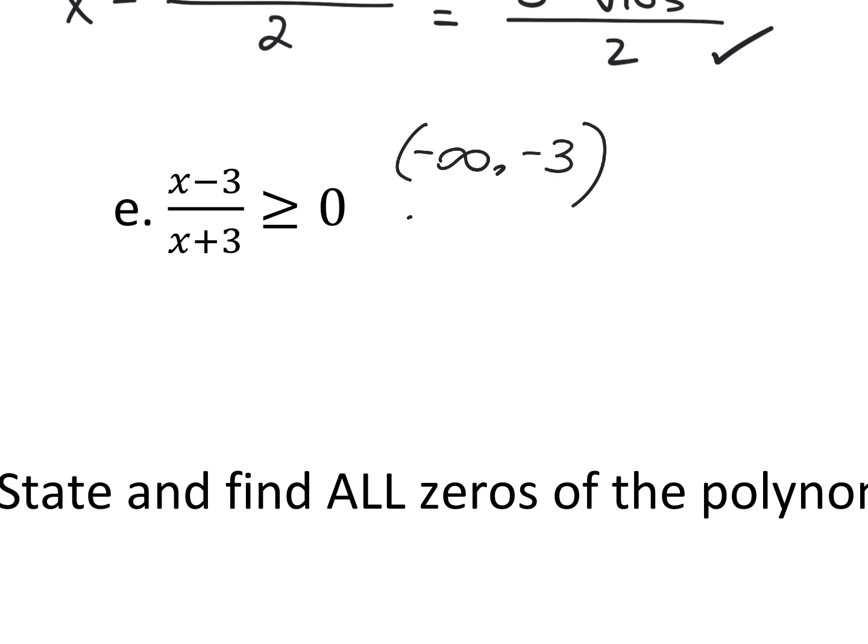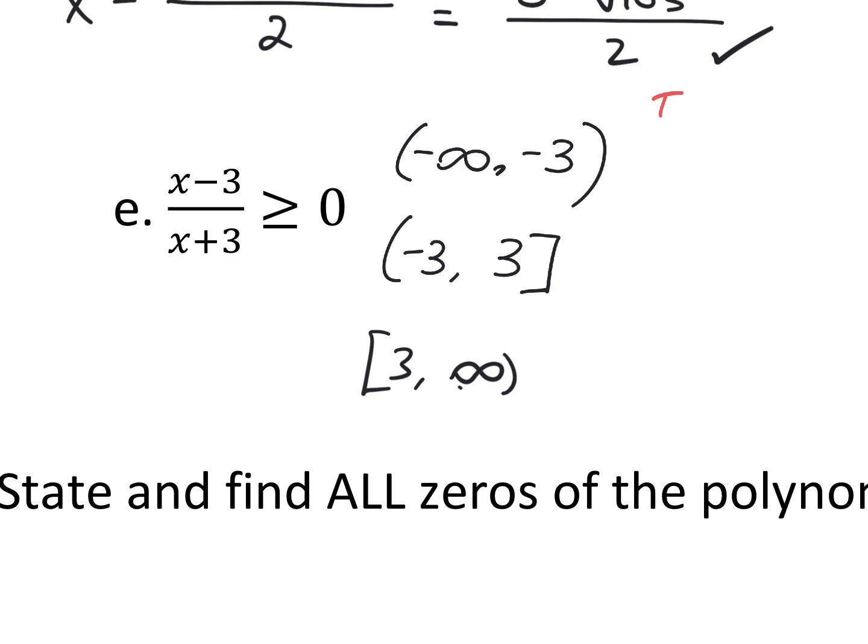So my next interval is going to start at -3, and then it's going to end at +3. But that endpoint, I'm going to include. I'm going to include that endpoint because if the numerator were 0, then I have an equal to 0 situation. My final interval that I'm testing is 3 to infinity.